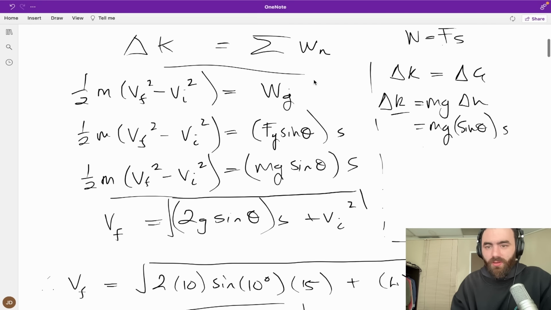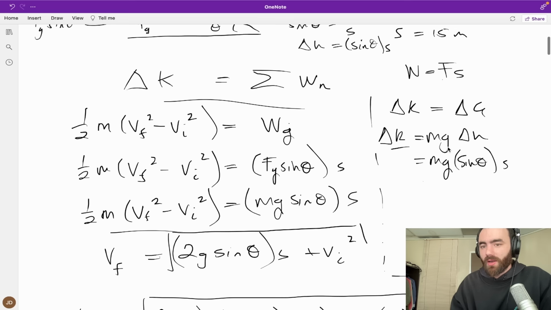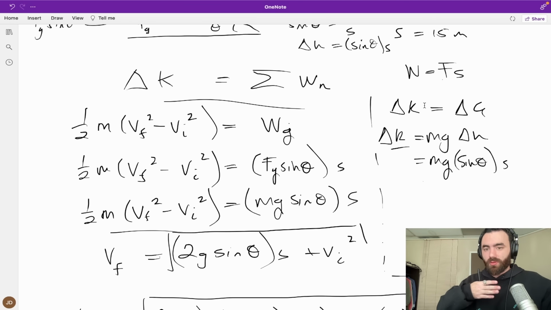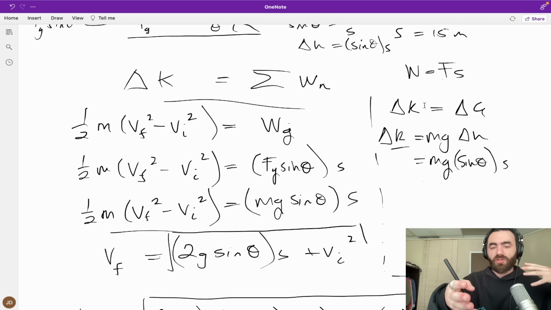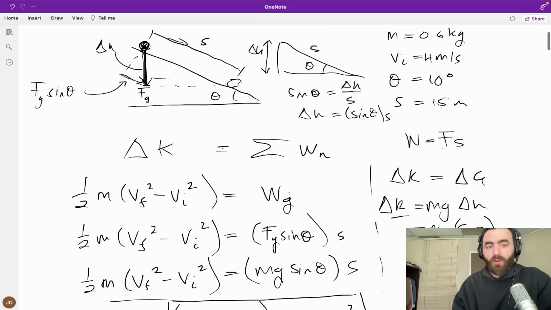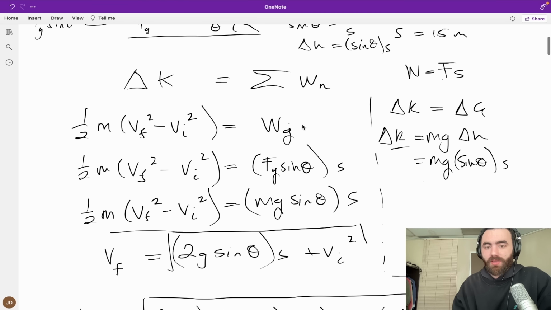This equation gives the same thing if you think about it through the gravitational potential energy changing to kinetic energy. This equation is just doing that for you, so you don't really have to even think about it, which does make it easier when you're dealing with more complicated scenarios. This is quite a simple scenario. Okay, so I just wanted to show that.